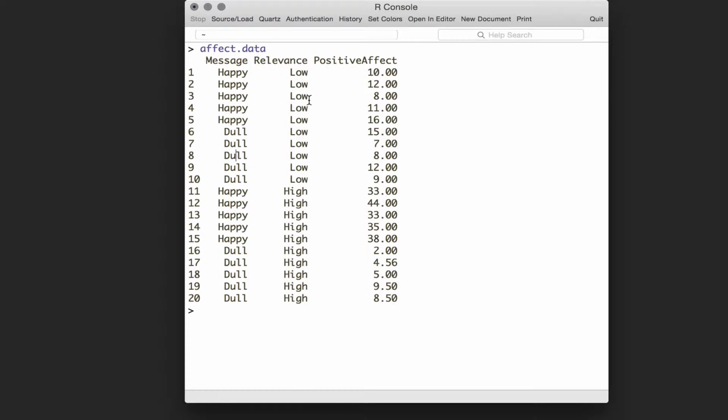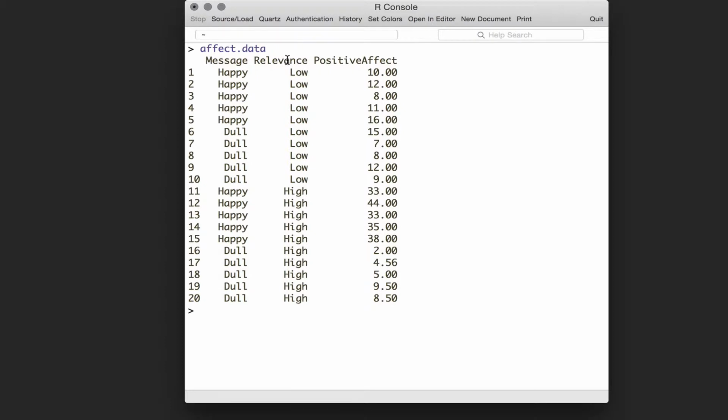So we'd expect it to have more of an effect if the message is high relevance. So we've got an interaction here because the two variables interact to produce different effects depending on the combination of which groups you're in. So that's the idea of an ANOVA.